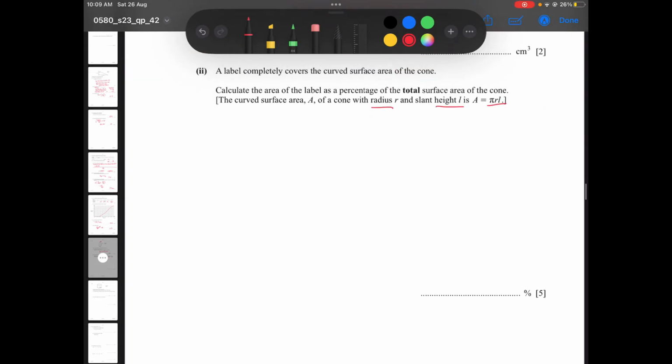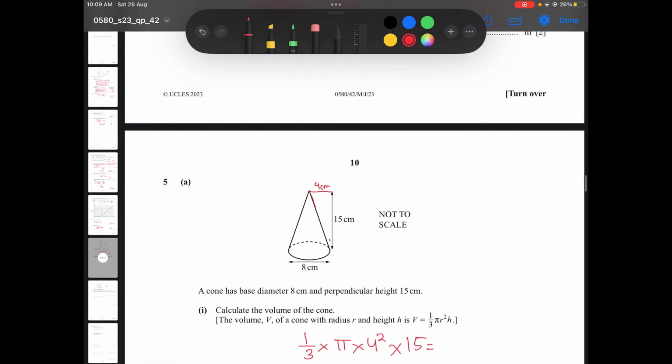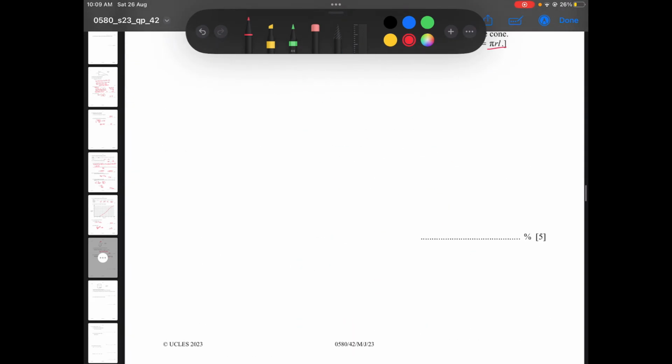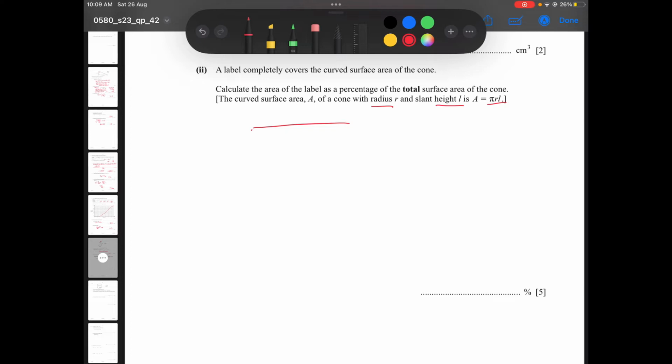So let's do it. Now first of all, what is 15 squared plus 4 squared? Square root of 15 squared plus 4 squared is 15.5241747.